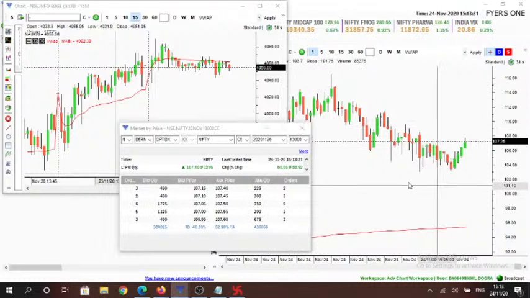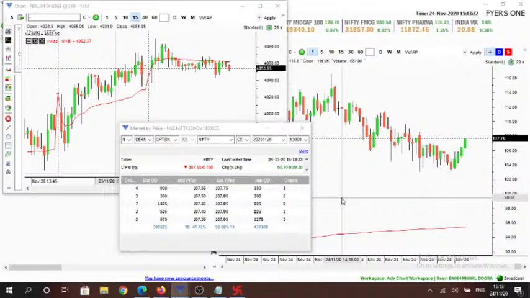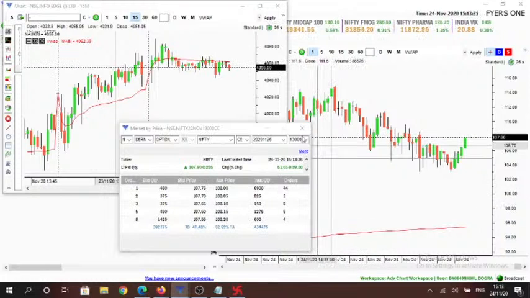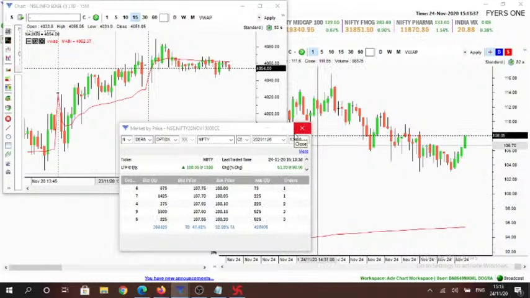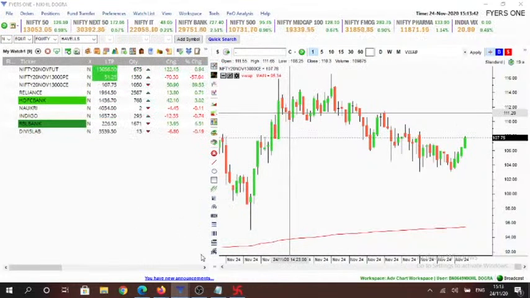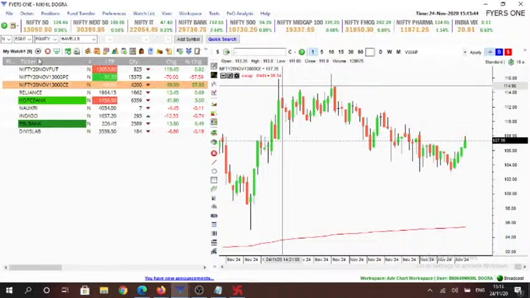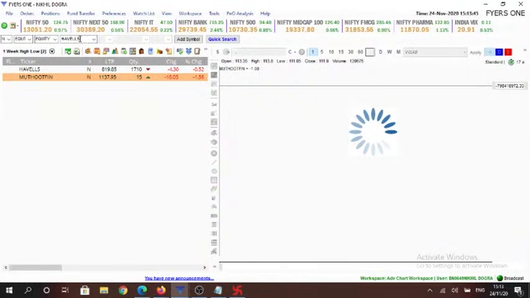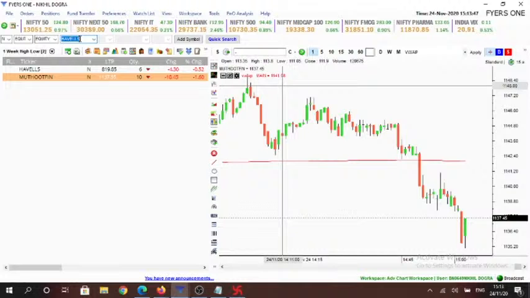And see the calls and we have to add another stock, HDFC.